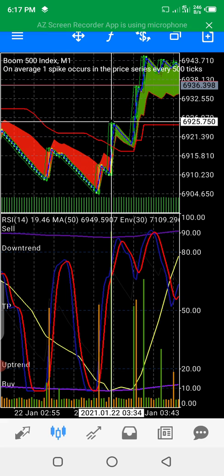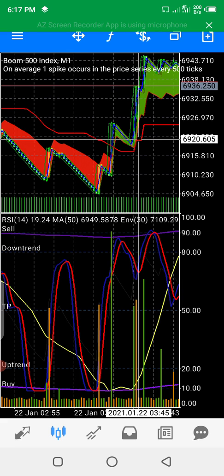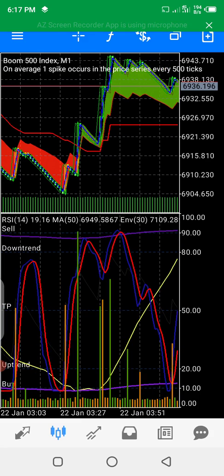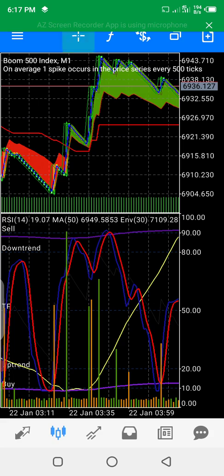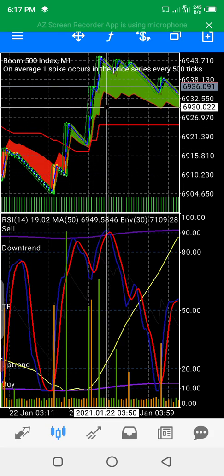It tried to come down a bit. Another spike happened. And on the Ichimoku, observe, guys, the color. This is green color now. This is green color.